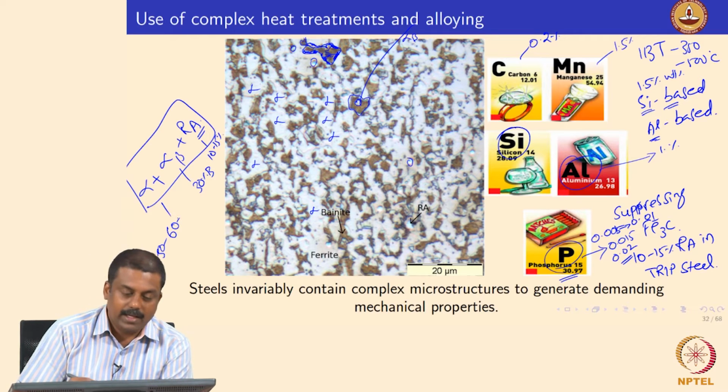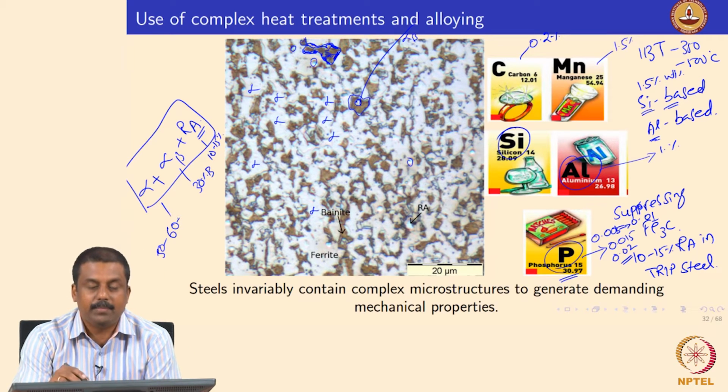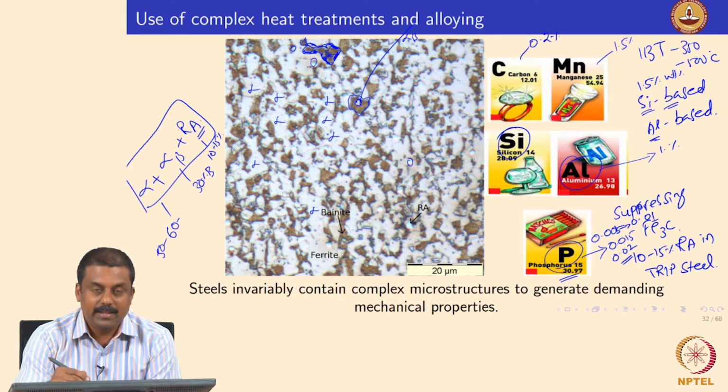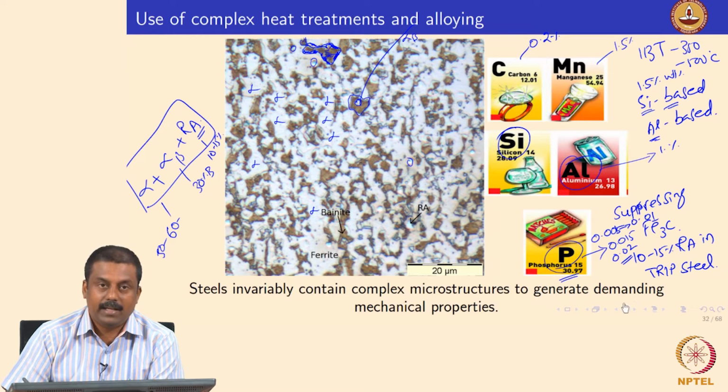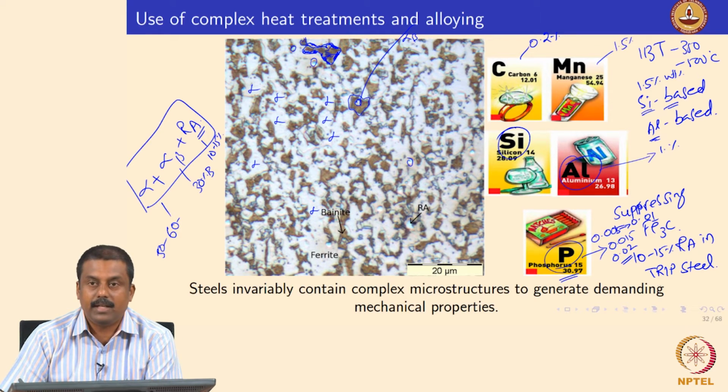Imagine such a complex heat treatment and the alloying elements needed to generate such a beautiful microstructure, as we see in the slide. With this microstructure we achieve the demanding mechanical properties that I had explained, with high strength and ductility to make automotive components.